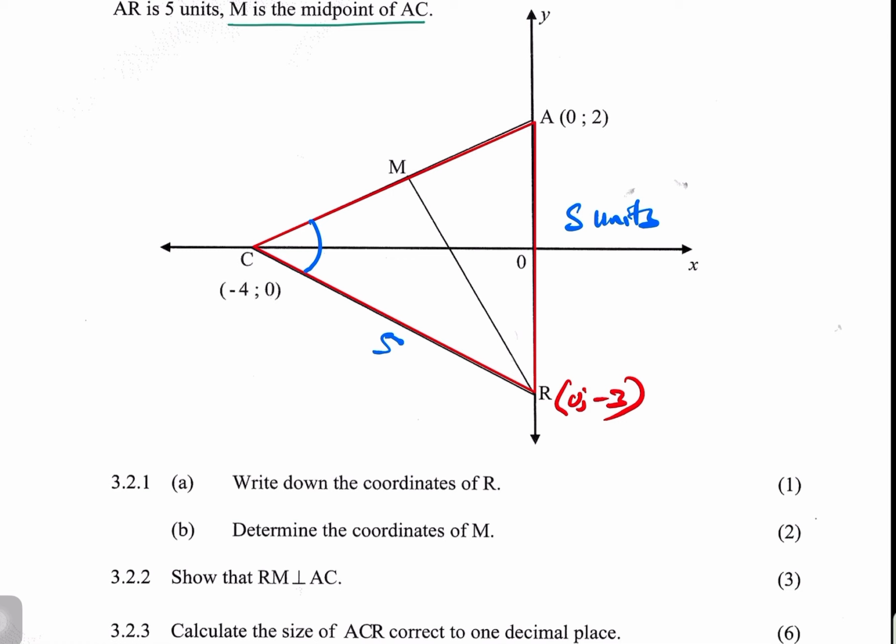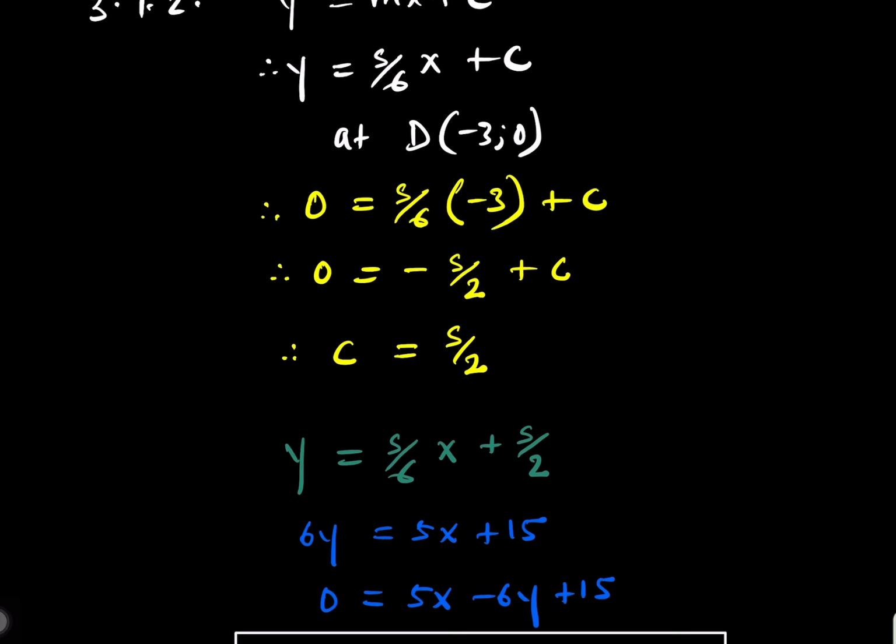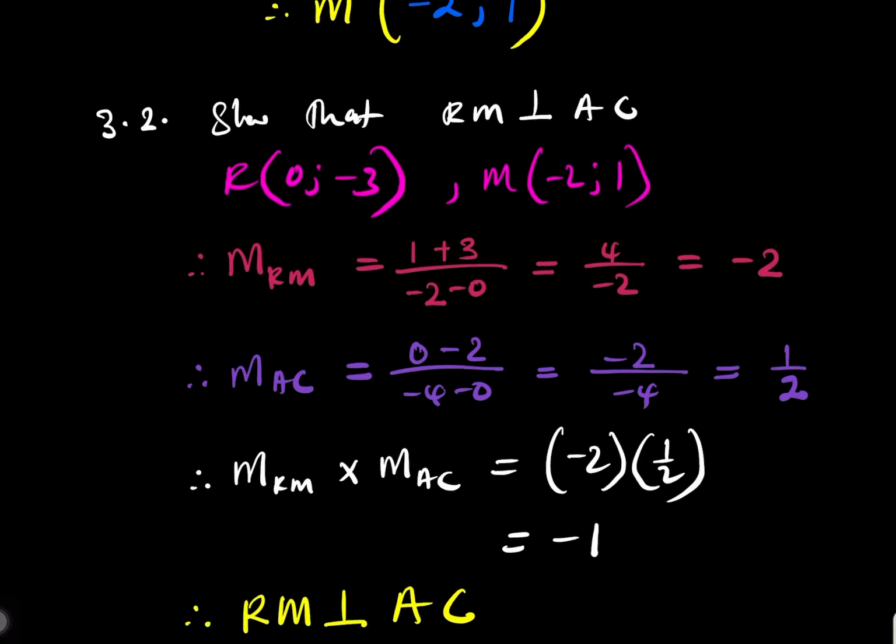So it's going to be 4 squared, and that is 16, plus 2 squared, which is 4, so that is 20. So you're going to get root 20. The distance of AC. Please do that. So I'm going to take that triangle and find that particular angle.